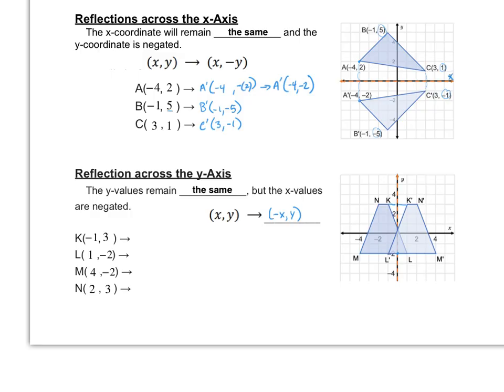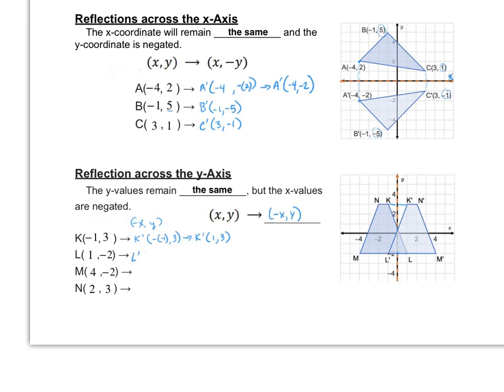So here, I'm just going to put it over here that (-x, y) is my mapping. So K prime should be a -1 and then the 3. K prime is actually (1, 3), my new ordered pair. So that's how you would look at that and do that.